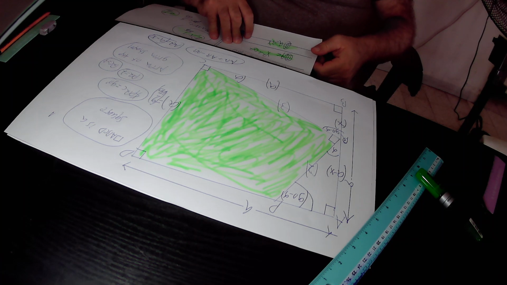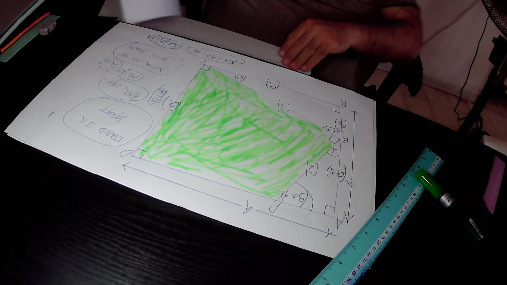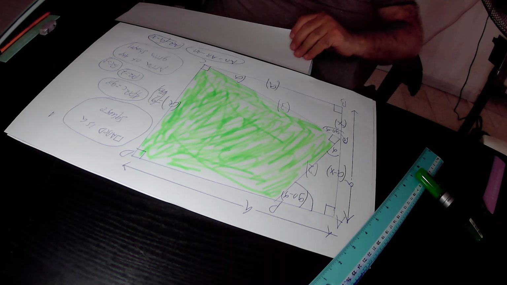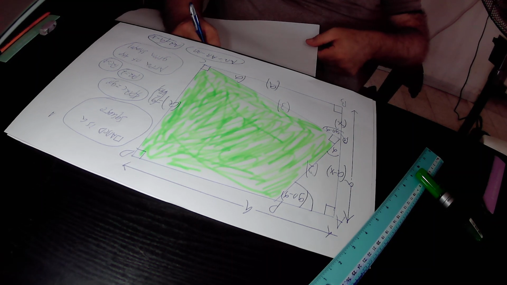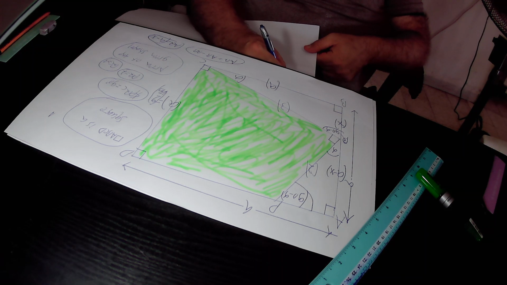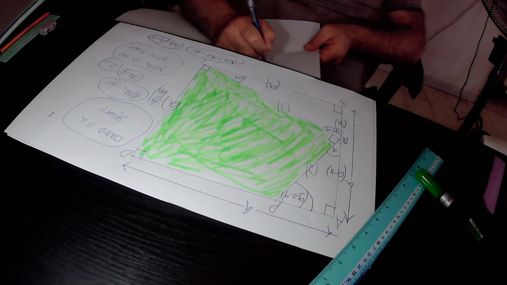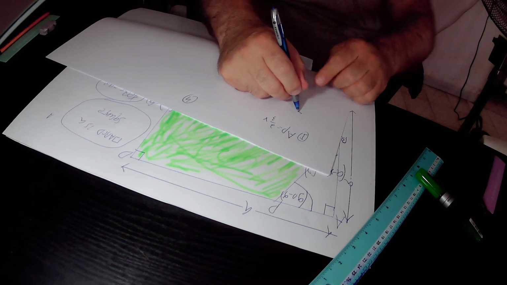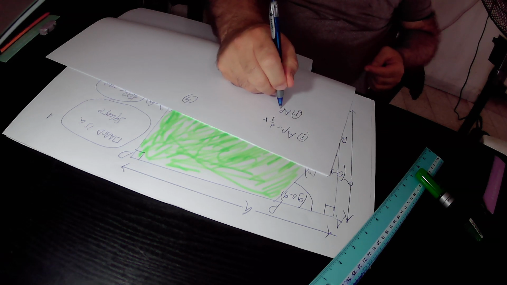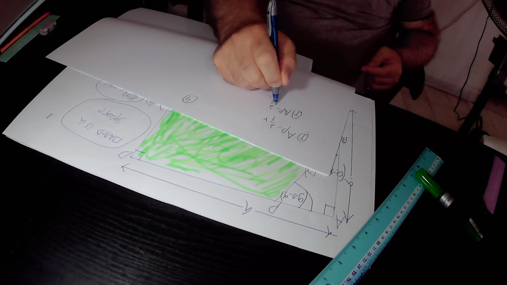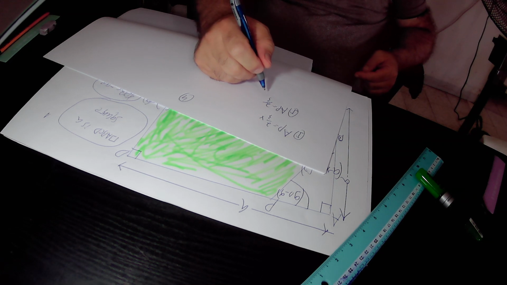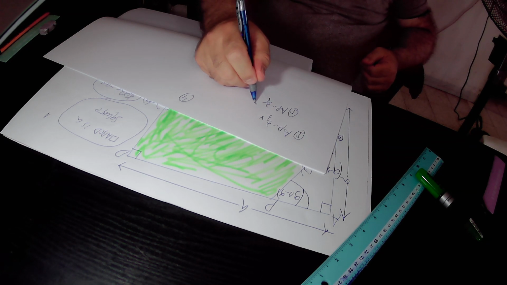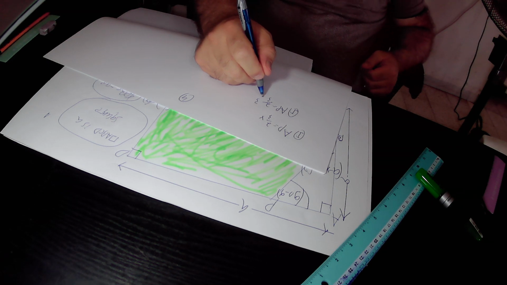According to equation 1, we already found out that AP equals 2/3 x, and we already found out that x equals 3 over square root of 10.